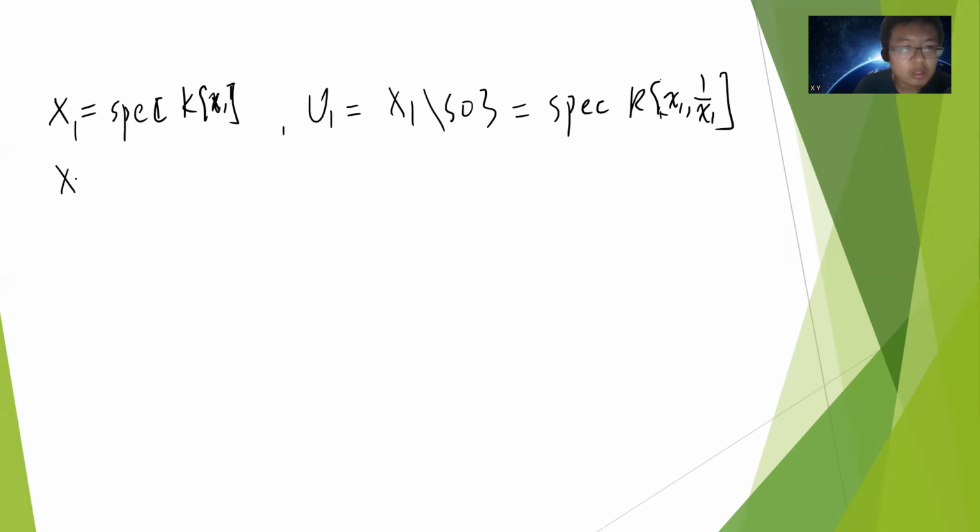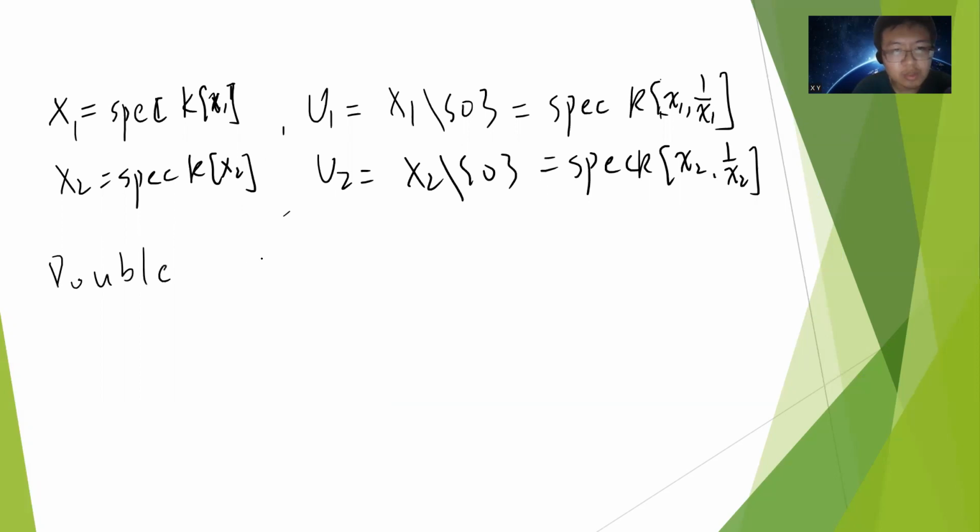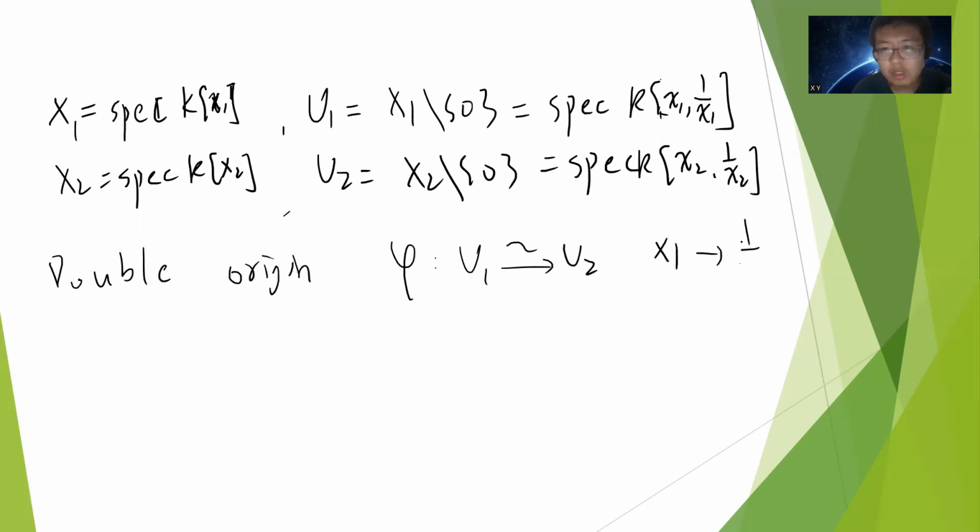Then you take X2 to be Spec k[x2], and U2 to be X2 minus 0. So you get two affine schemes and their open subsets. One example is the double origin: you identify U1 to U2 by just mapping x1 to x2.